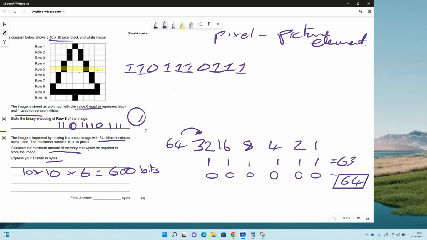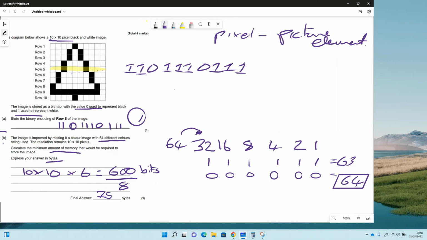But it says we need to do it in bytes. So 600 divided by 8. If we divide that by 8, we should get 75. So the final answer is 75 bytes.